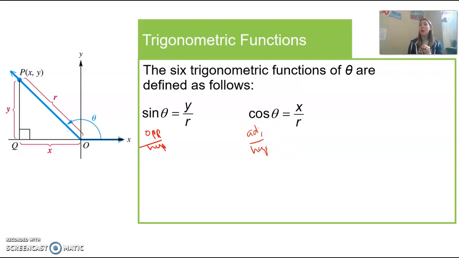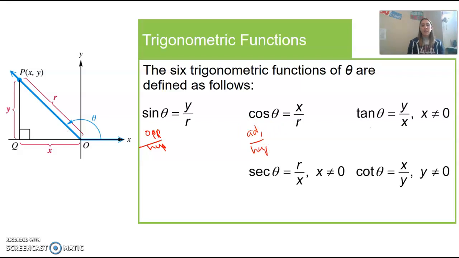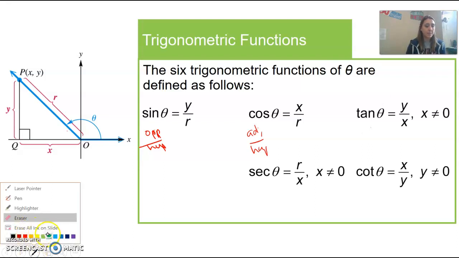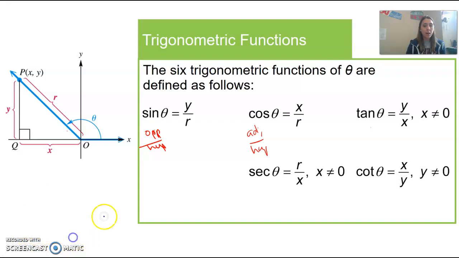So your SOHCAHTOA is not going to change. So again, tangent is opposite over adjacent. Goodness, I'm having a hard time talking today. Opposite over adjacent. So we're going to have the TOA. So SOHCAHTOA. So opposite over adjacent. Okay, our reciprocals are exactly the same.